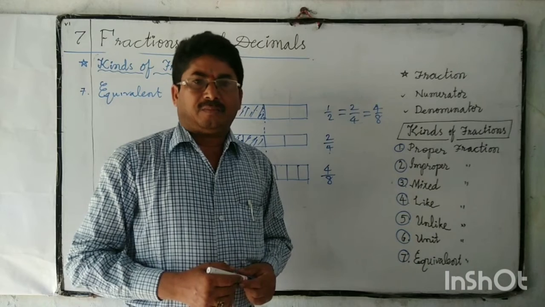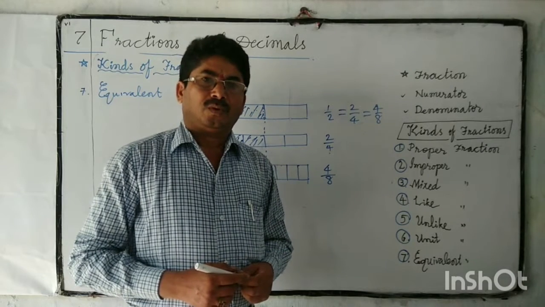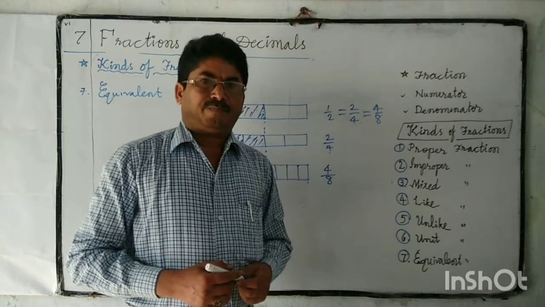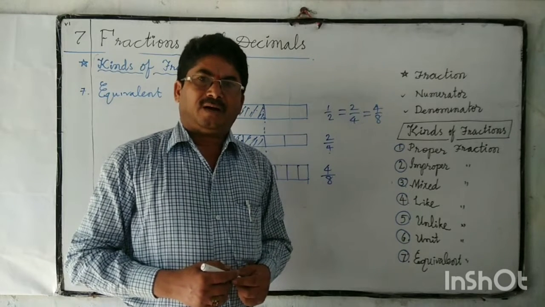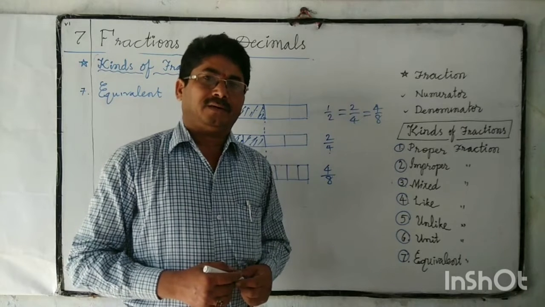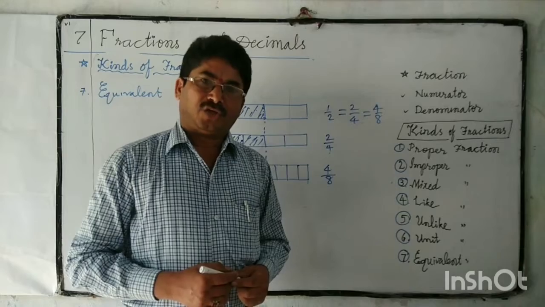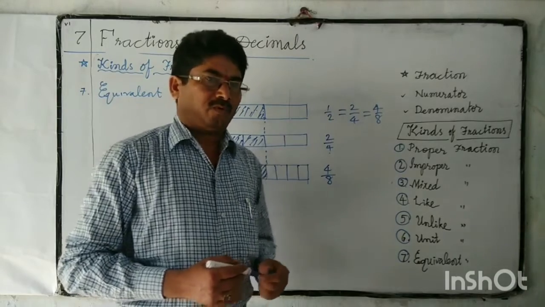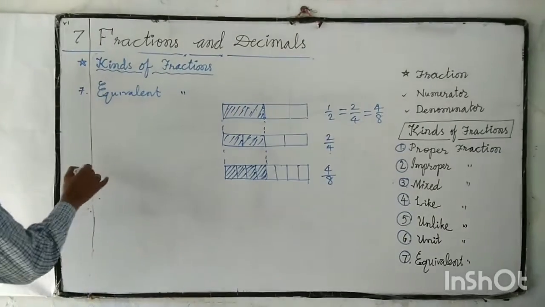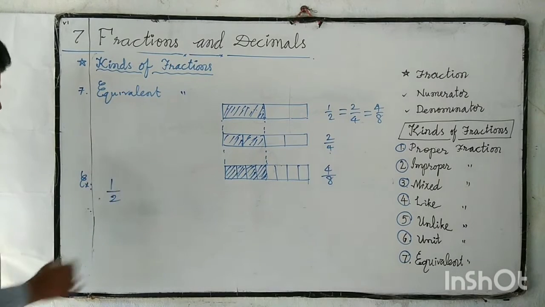To find equivalent fractions of given fraction, we multiply or divide both the numerator and the denominator of given fraction by the same number. For example, here is 1 by 2.